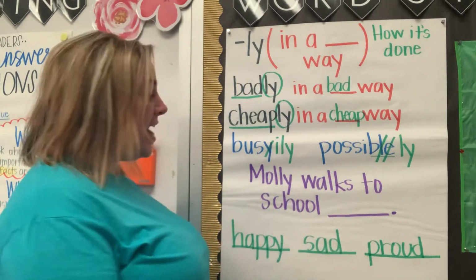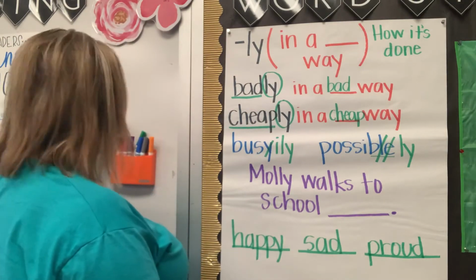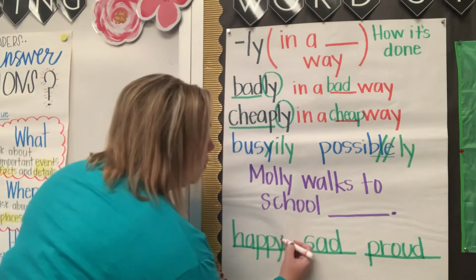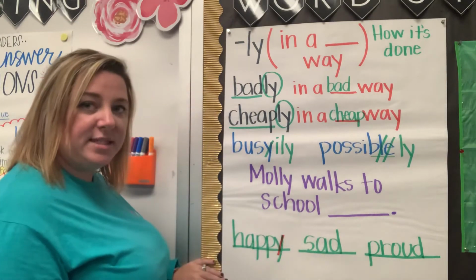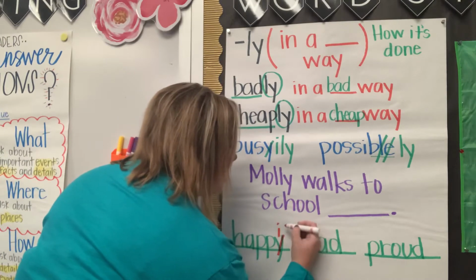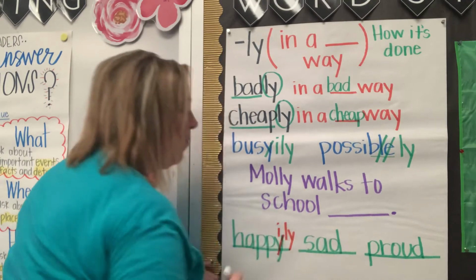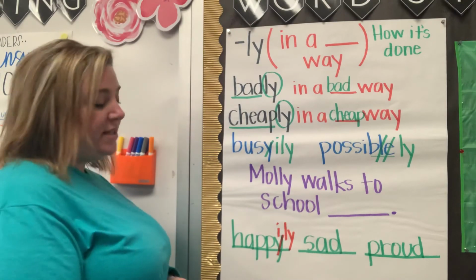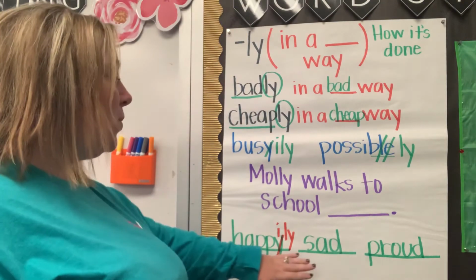And in order to do that, what must I do? That's right, I have to drop this Y and put what in its place? An I, and then I can add ly.